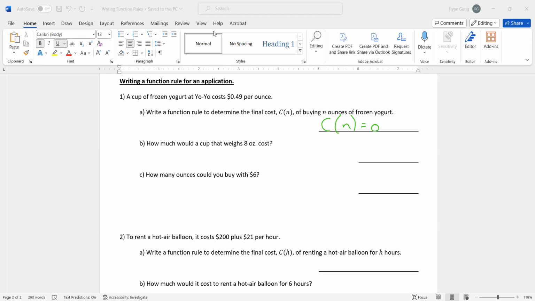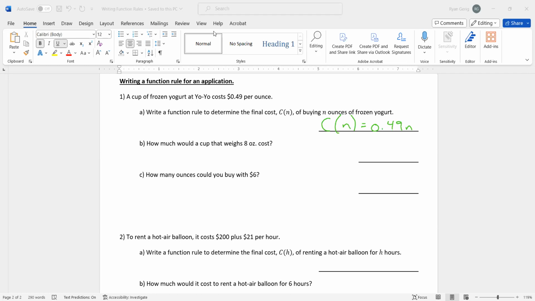So it's 49 cents times the number of ounces. That's a pretty basic function rule, but that is the function rule. Notice the labels I'm using. I'm not using f of x here because I didn't want to use f of x. It's C of n, standing for cost based on number of ounces.